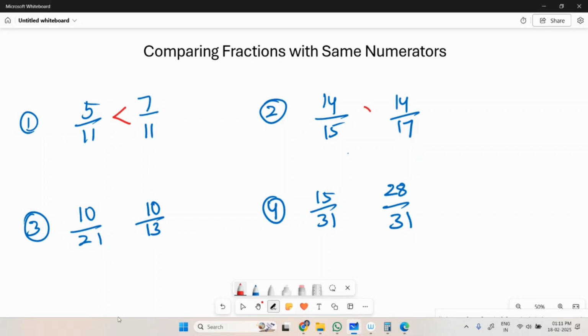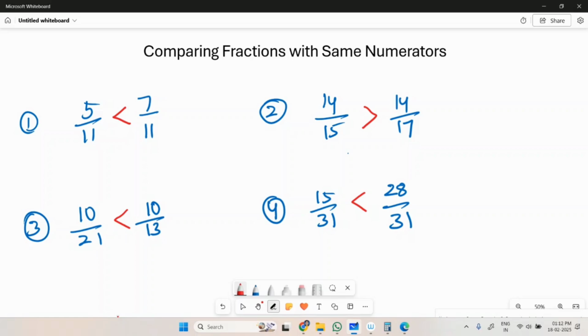Here 15 is the lesser denominator, so 14 upon 15 is greater. Here also we have same numerators. 13 is the lesser denominator, so 10 upon 13 is greater. Same denominators, so the bigger numerator is 28. 28 upon 31 is greater. Okay, I hope you understand.